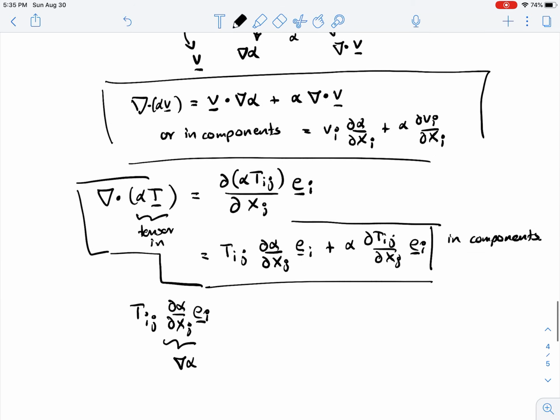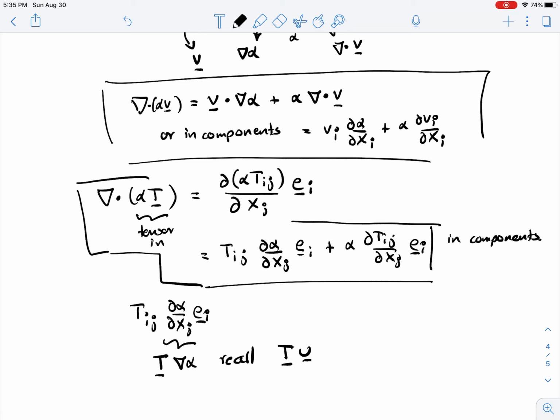So this one should make you think of gradient of alpha, right? And this is a vector, and the fact that we have Tij and then a j here, this should make you think of T applied to the vector gradient alpha.